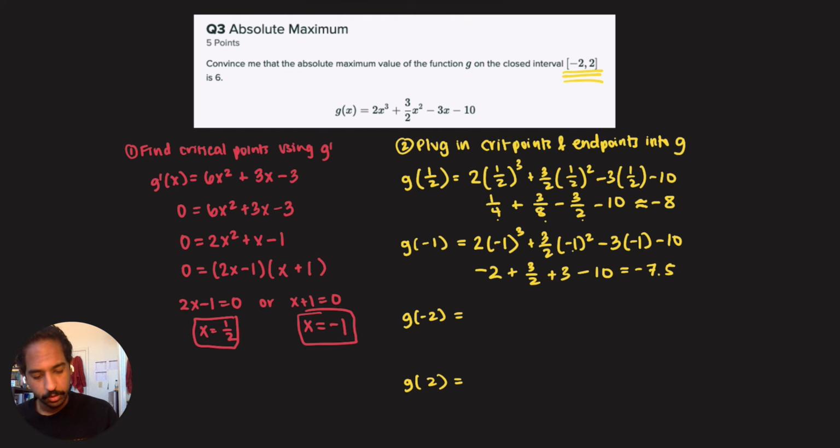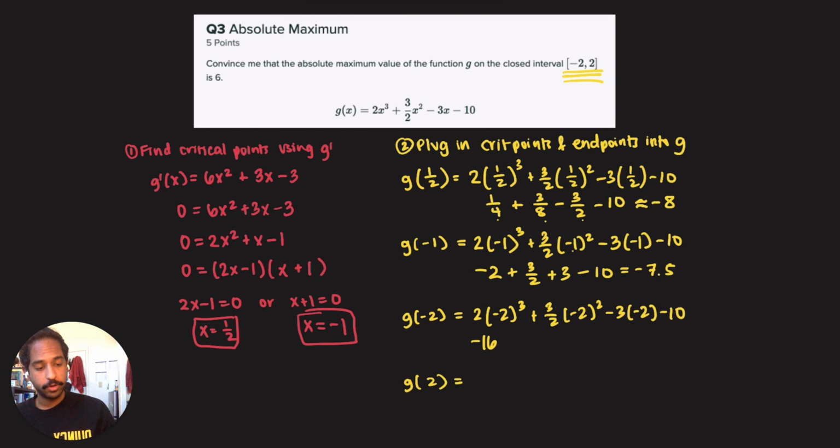Okay. G of negative 2. What about that one? So let's plug that in. 2 times negative 2 cubed plus 3 halves, negative 2 squared, minus 3 times negative 2, minus 10. Negative 2 cubed is negative 8, so this becomes negative 16. Negative 2 squared is positive 4. 12 divided by 2 is 6.